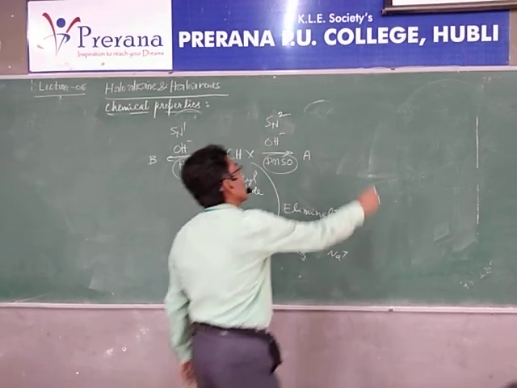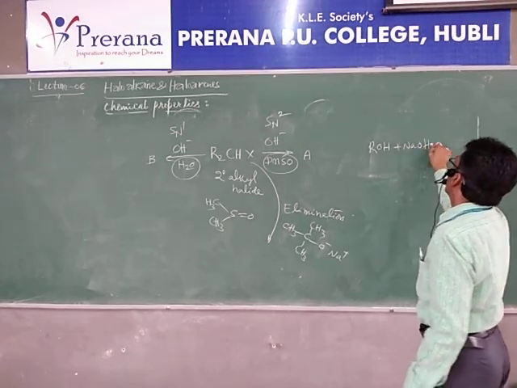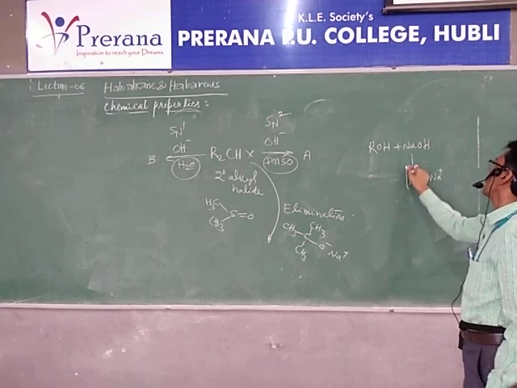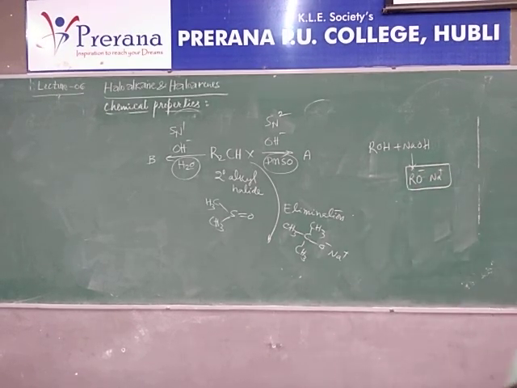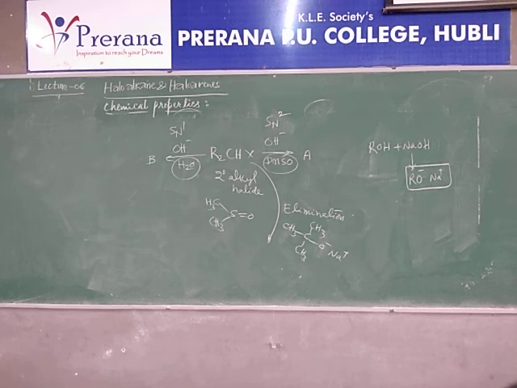Alcohol plus base gives a salt, RO minus Na plus, called sodium alkoxide. This is also familiar to you: sodium alkoxide is one of the reactants in Williamson's ether synthesis.